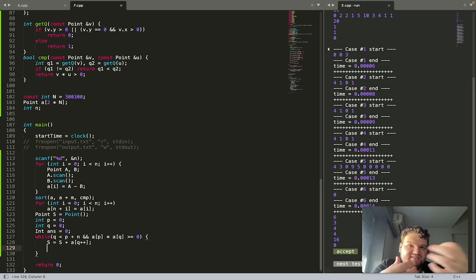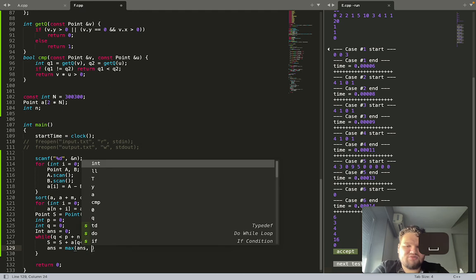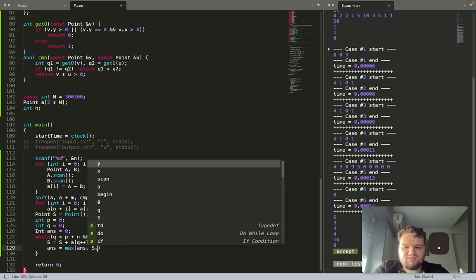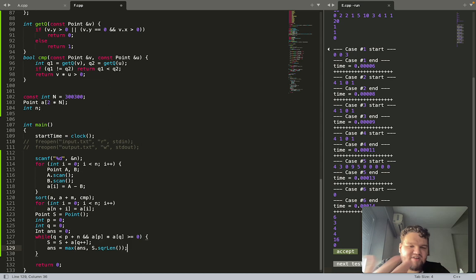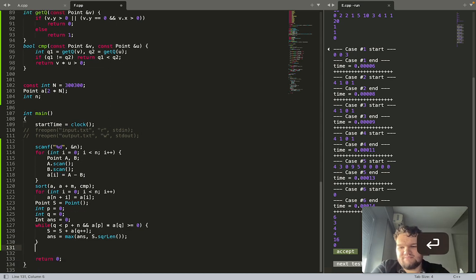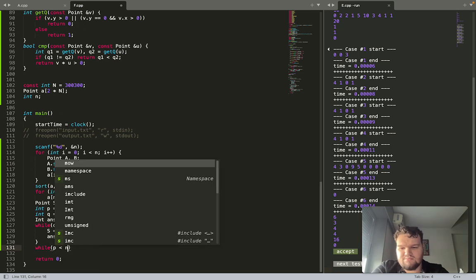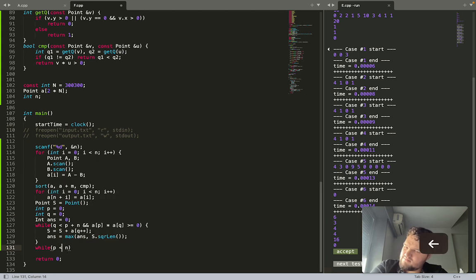Actually, I can update the answer every time I'm choosing some valid combination of points, even if I know that it is not optimal, because it's still a valid combination of points. Yes, that should be enough.